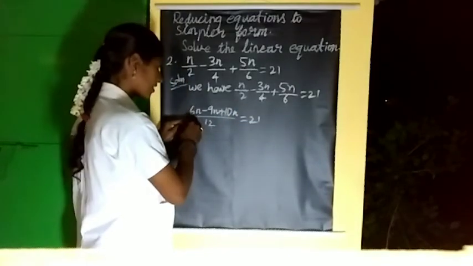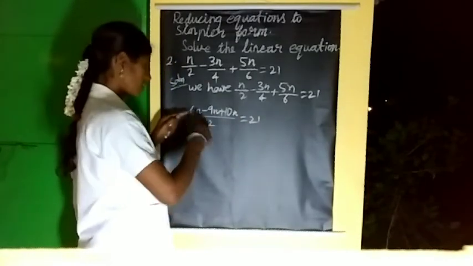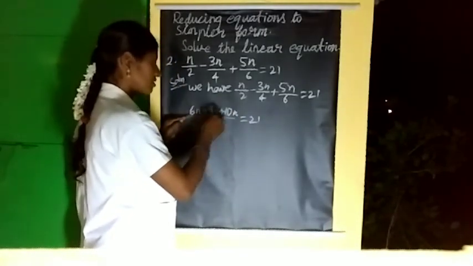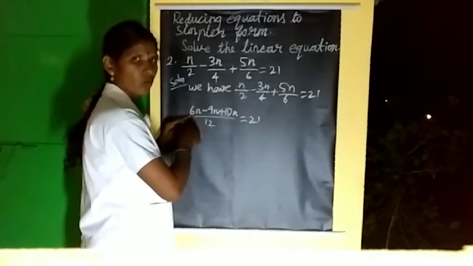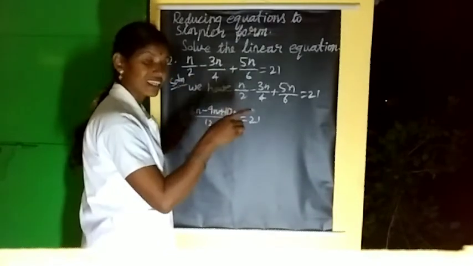Now 6n minus 9n plus 10n. Okay. These two with the plus sign are 10n plus 6n. What is the answer? 16n.